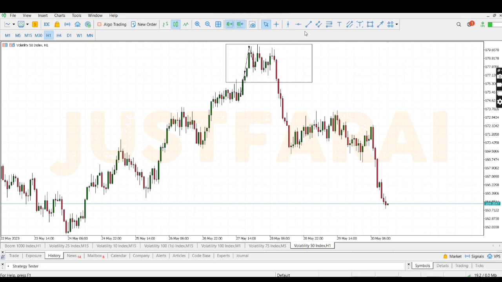Then after more sellers had sold, he went up again to take out these sellers, as well as to induce more buyers. Considering that you were not taken out by this move where you bought here, you would buy again here, and this move down would have taken you out if you're a buyer.